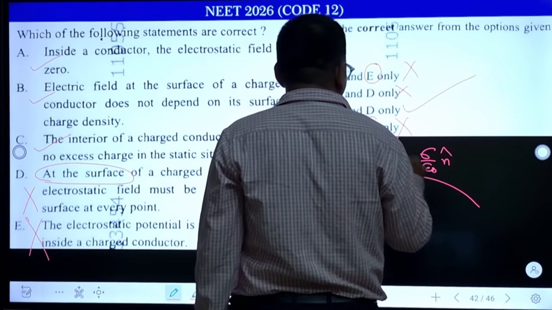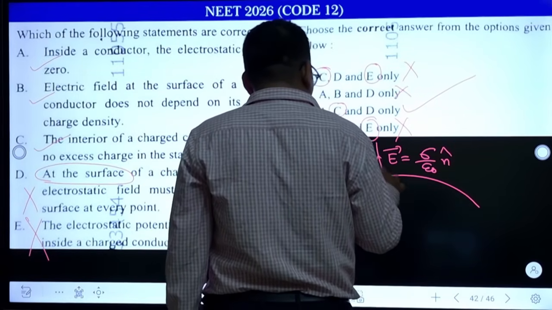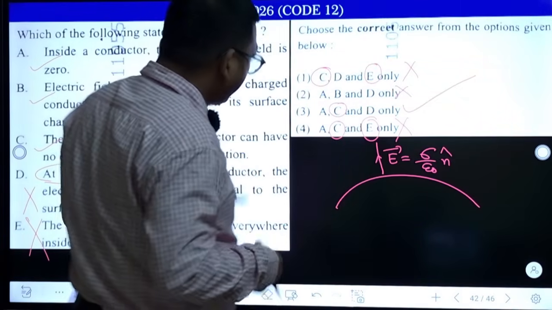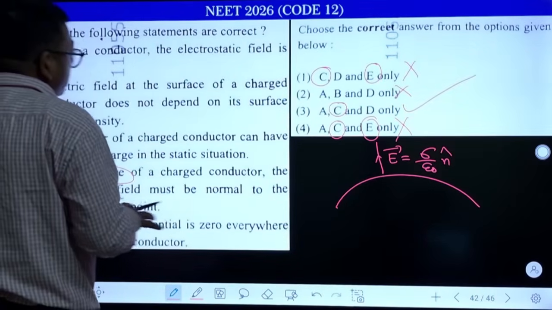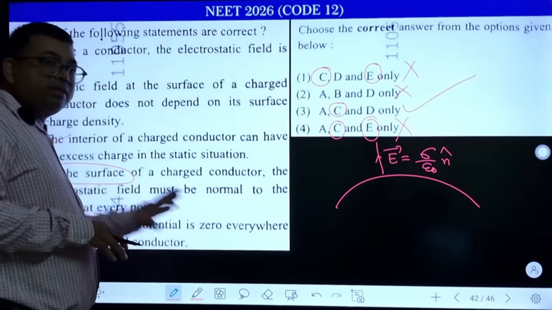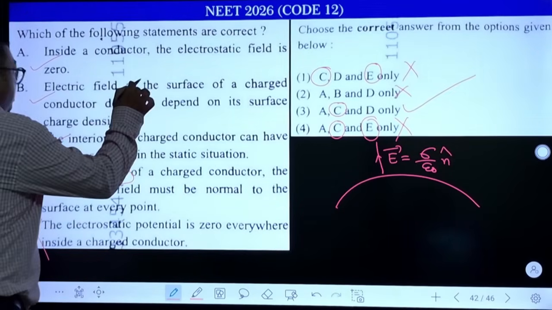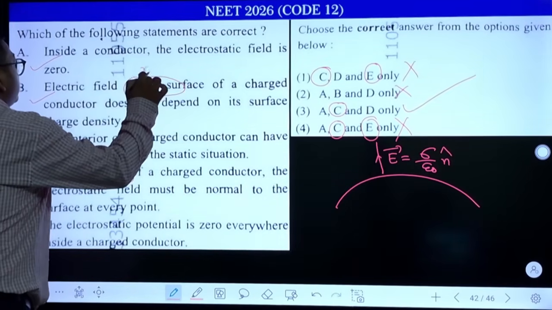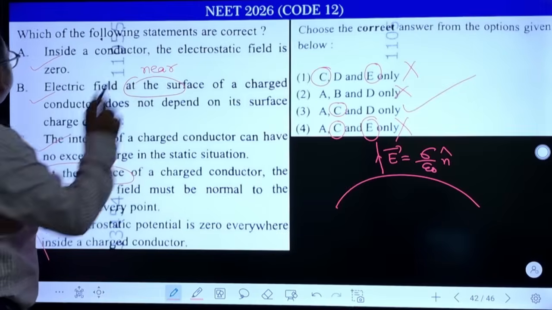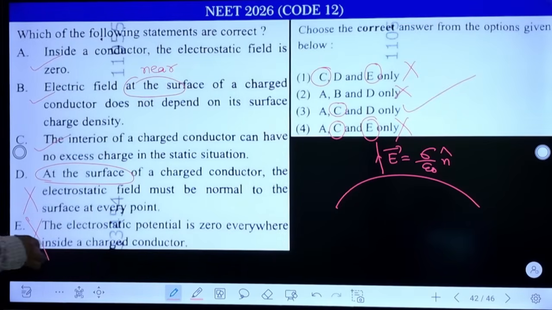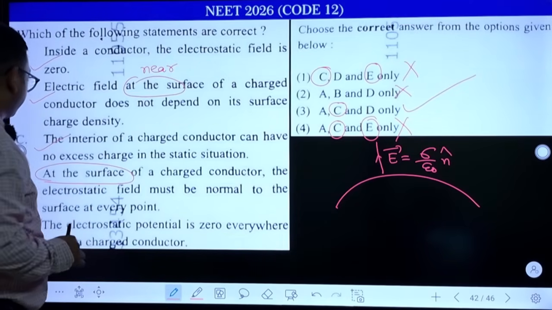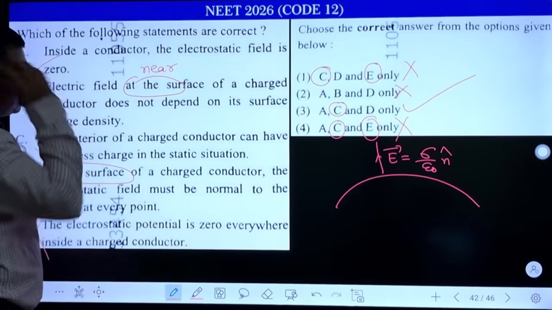This we know. So when they say at the surface, they are wrong. They should say near the surface. If you assume at the surface as near the surface, then this is correct.